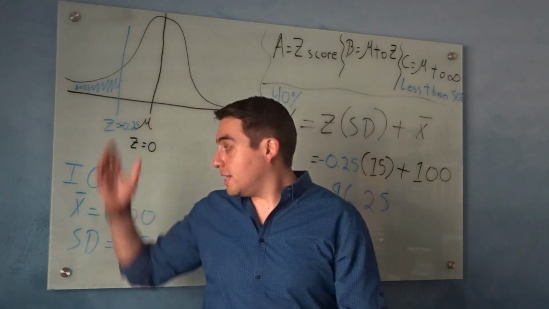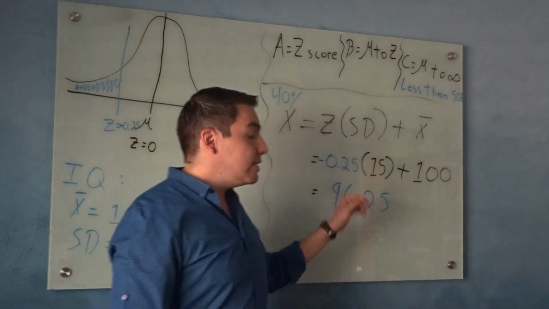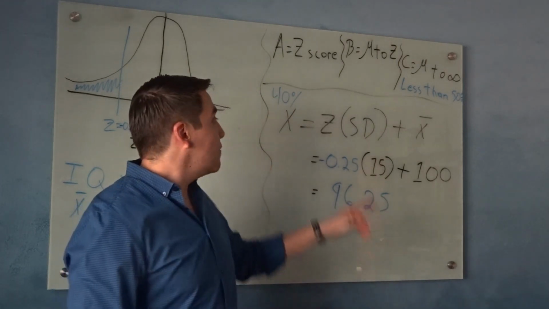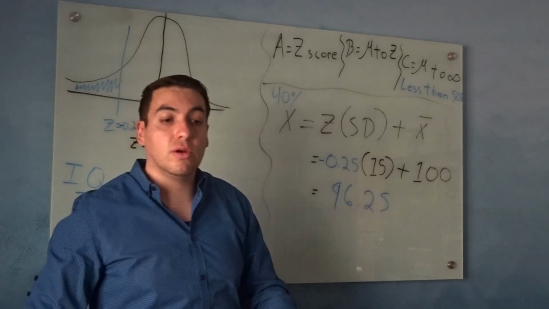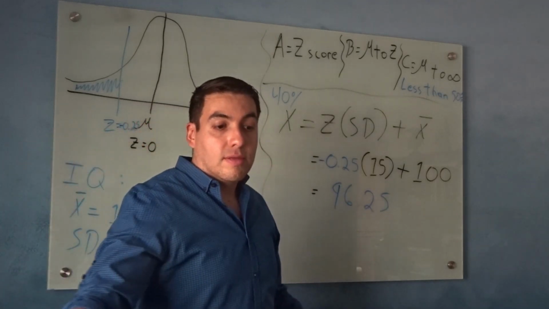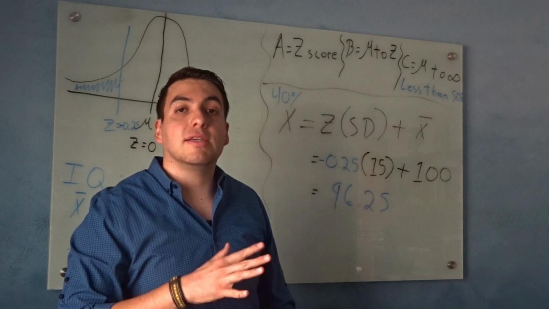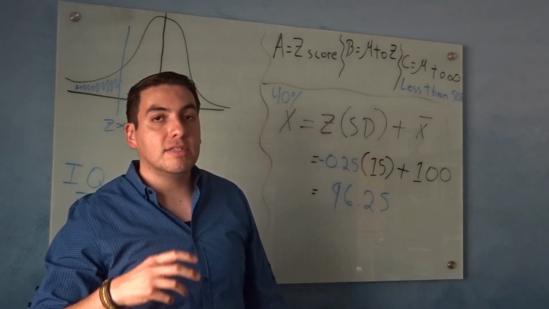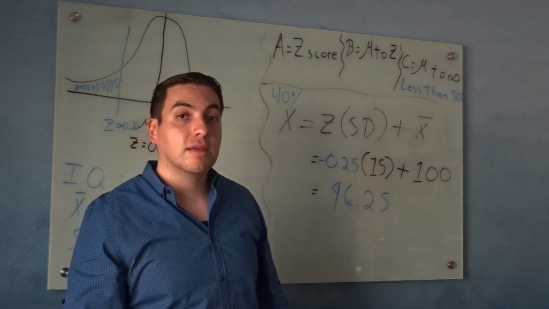So, according to this data, if you get a 96.25, that's going to give you a percentile of 40%, meaning that you're above 40% of the people that are taking the IQ test. Cool? That's finding a percentile based off something that is less than 50.